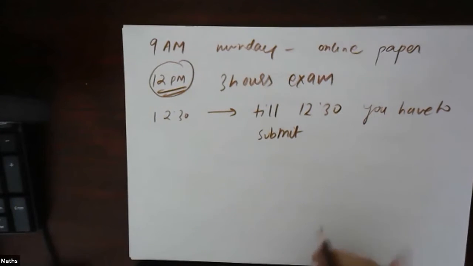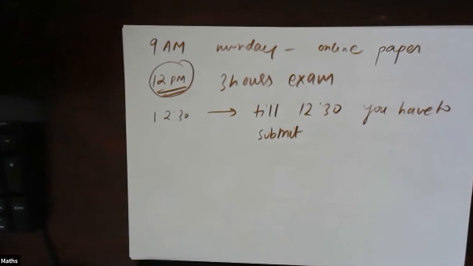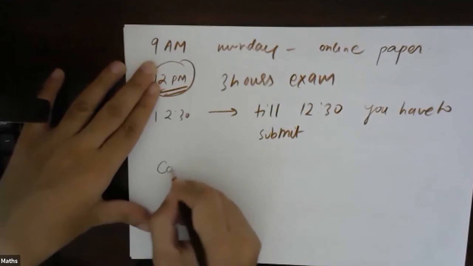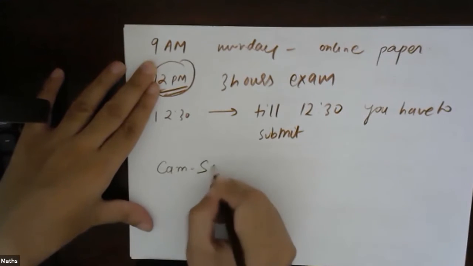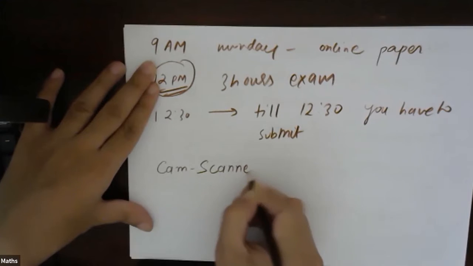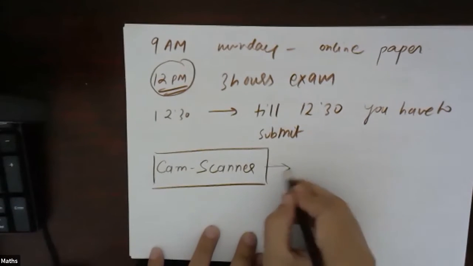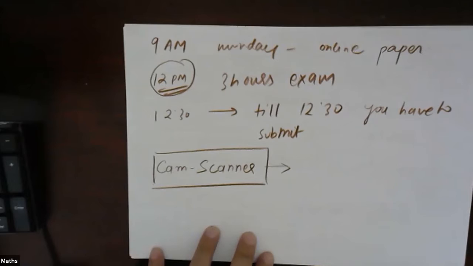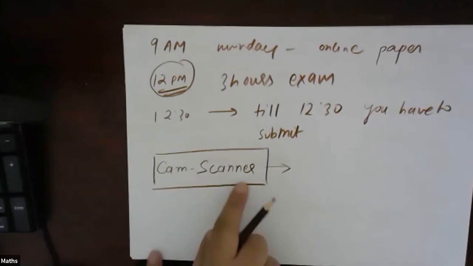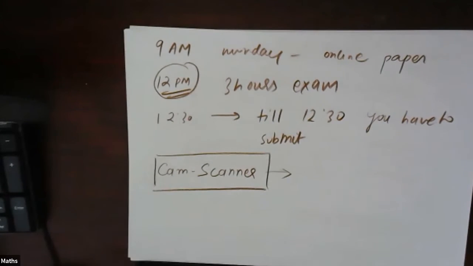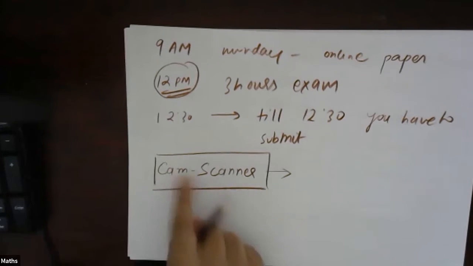One more thing, all of you can download this software, Cam Scanner. You cannot use video. Cam Scanner does not need any subscription fee, and there is no need to sign in.